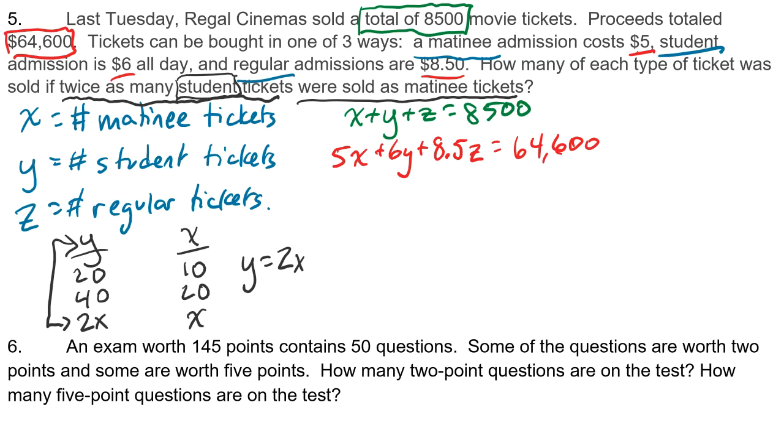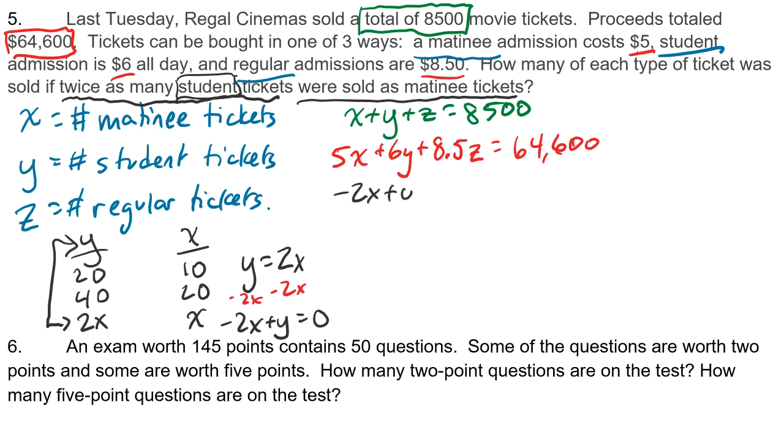All right, now if we're going to be doing Gauss-Jordan elimination though, remember we need all the variables on one side. So real quick, I'm just going to subtract 2x from both sides, and we're going to get negative 2x plus y equals 0. And that's going to be my third equation.